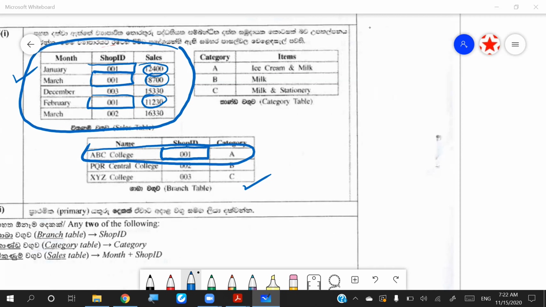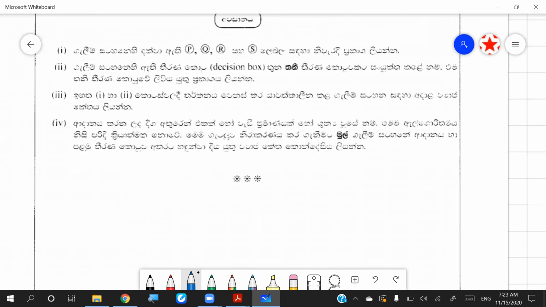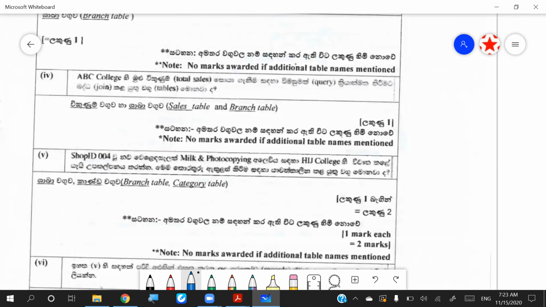Okay, in the next question, let's take the question. In that question, they are opening a new shop in the HIJ college, and its shop ID is 004, which sells milk and photocopy, right?